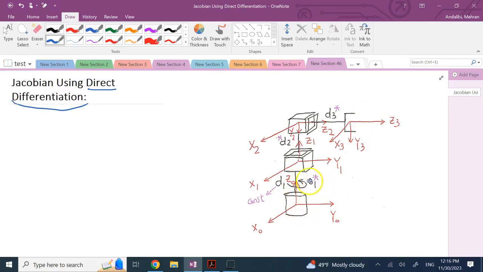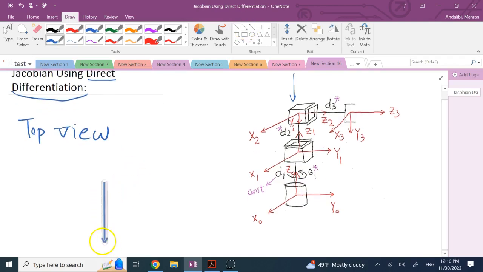So when this theta 1 rotates and becomes a non-zero value, if you look from the top view, what would you see? So here I'm going to show you a top view. So if this is your x0 and this is your y0, right?